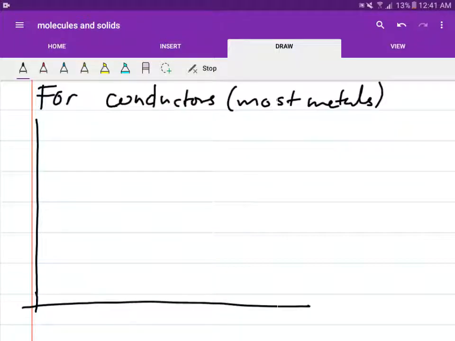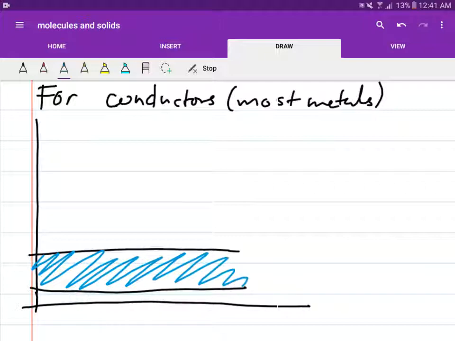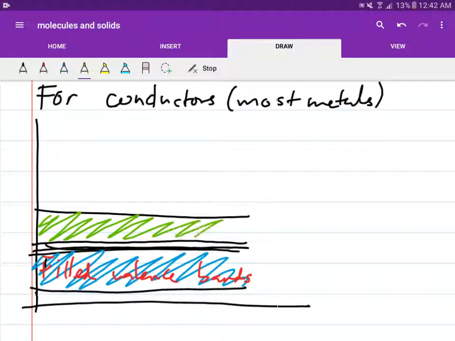So for most metals, this is their filled valence band, and their conduction band is very near to the filled valence band.